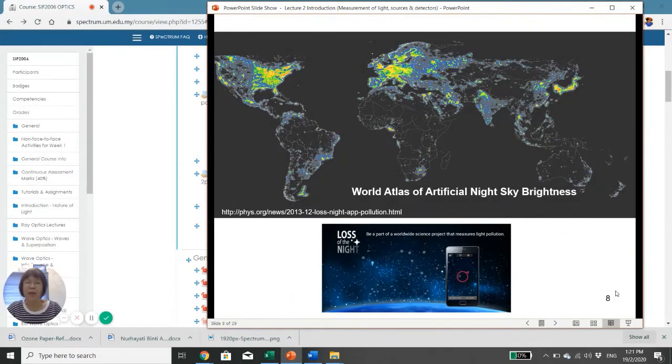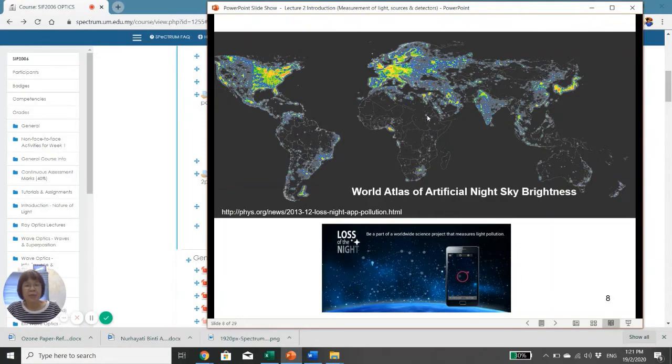We were talking about light and light sources. Now, have you ever heard about light pollution? On the screen here, we have the World Atlas of Artificial Night Sky Brightness. These are all due to artificial light, and this has been collected by what we call citizen science. So we have data being collected from people all over the world.